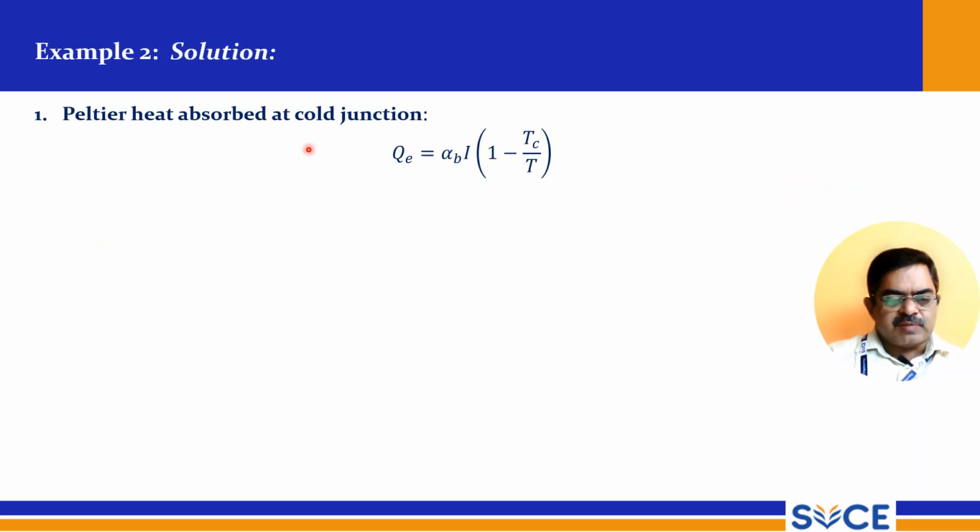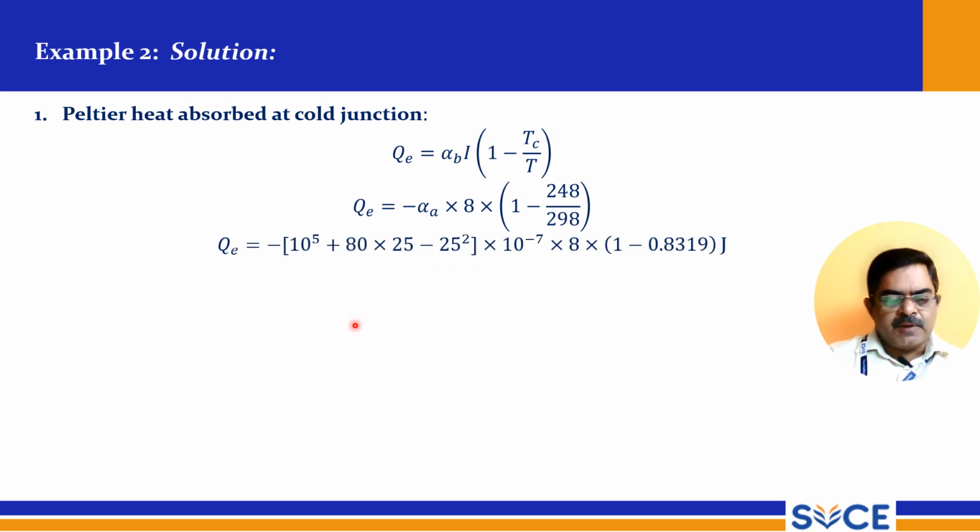So the Peltier heat absorbed at the cold junction is equal to alpha B I into 1 minus Tc by Th. By substituting the values in terms of alpha A, we get QE equal to 38.64 joules.